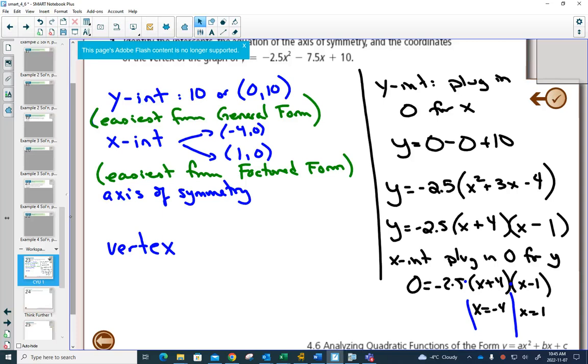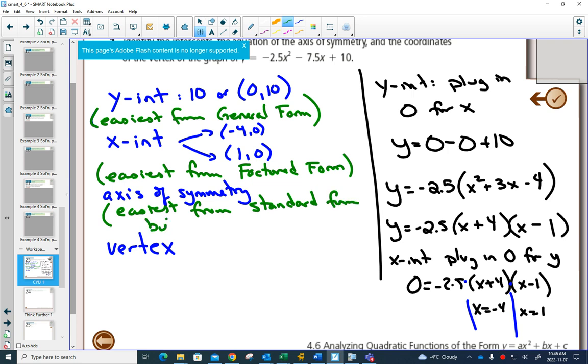Axes of symmetry. Now, I'm going to put that the axis of symmetry is easiest from standard form, but easy from factored form.